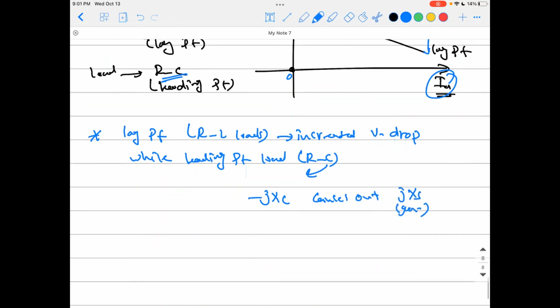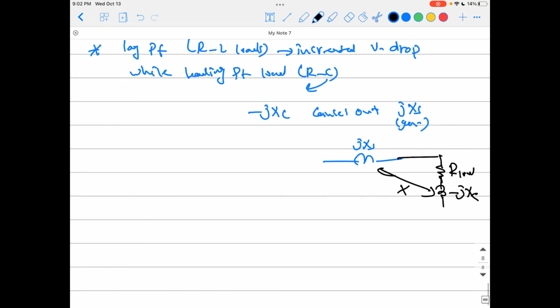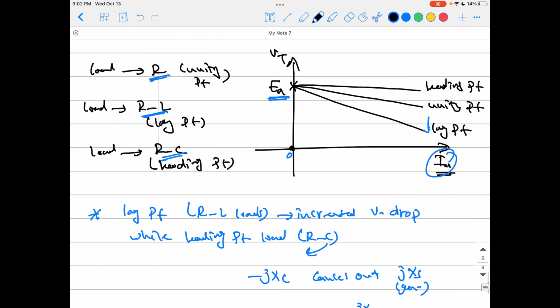So you have inside the generator jXS, and out there in the load you have R load minus jXC. Those are partially canceling out, not totally, but partially, and that means you have less voltage drop here. So that's why the leading power factor has much better performance in terms of the decay of the voltage than the lagging power factor.